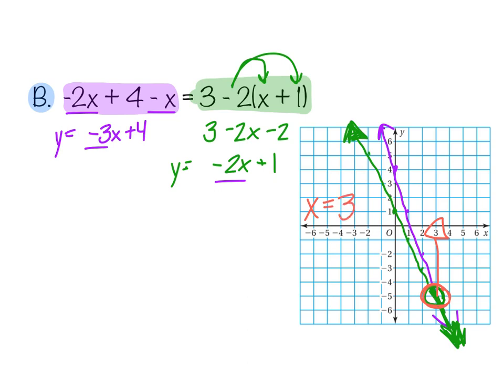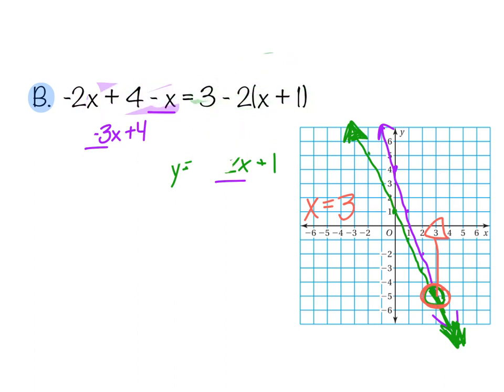And just to prove it to you, we can erase all this stuff, and we can solve this using algebra. So if we solve it using algebra, we'll still get x equals 3. We still would have to simplify both sides of the equation, which we said this side was negative 3x plus 4, and this side was negative 2x plus 1.